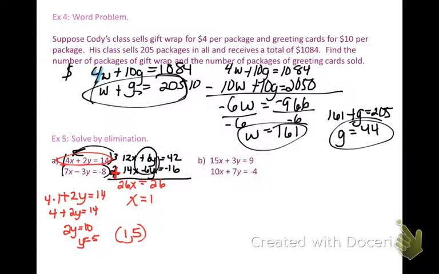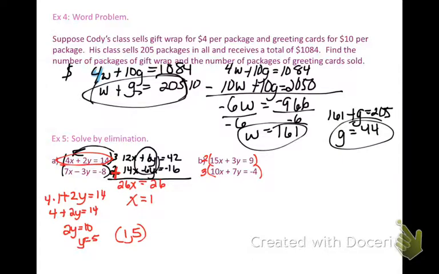All right, next one. B. Again, I'll start with 15 and 10. What's a common multiple of 15 and 10? Well, 30 is. So I can multiply 15 by 2 to get 30 and 10 by 3 to get 30.